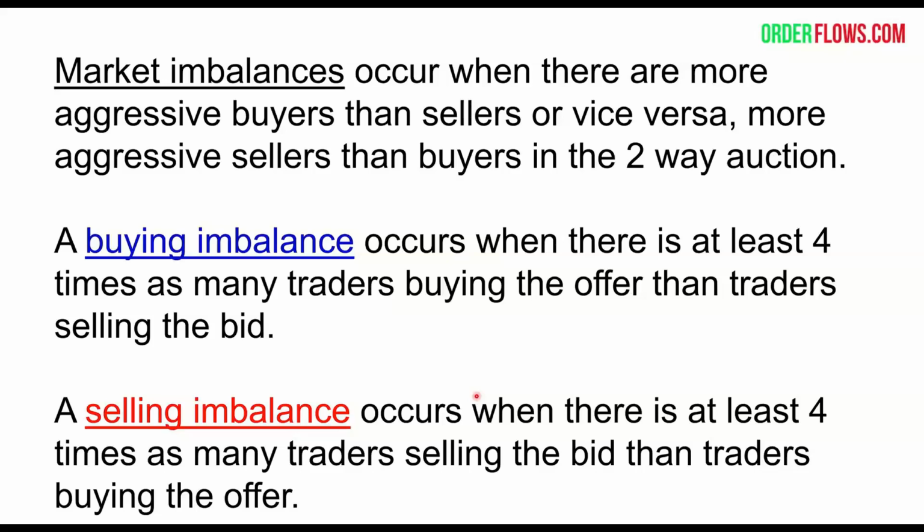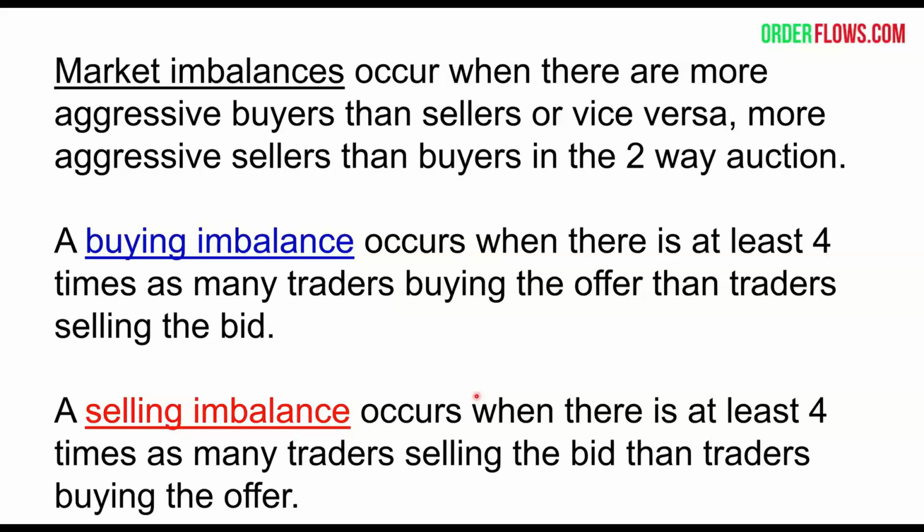The imbalances measure the volume, but in the two-way auction, right? The two-way auction is where the market is bid at one price, offered at another. So it's like 5 bid at 6. Say there's 5 bid for 10 contracts, there's 20 offered at 6, one contract trades at 5, but 8 trade at 6. You have a buying imbalance because you have more buyers than sellers.